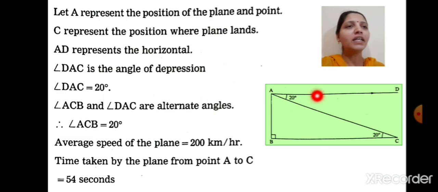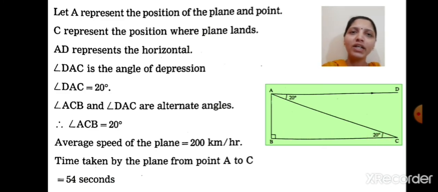Now angle DAC is the angle of depression and it is given as 20 degrees. Now angle ACB and angle DAC, these two angles are alternate angles, so their measures will be the same. So angle DAC is equal to angle ACB is equal to 20 degrees.